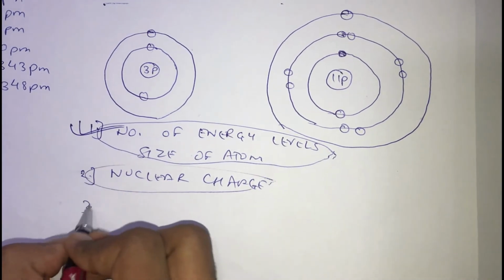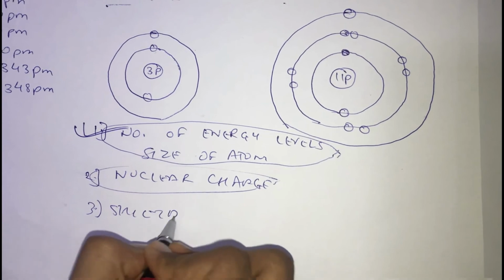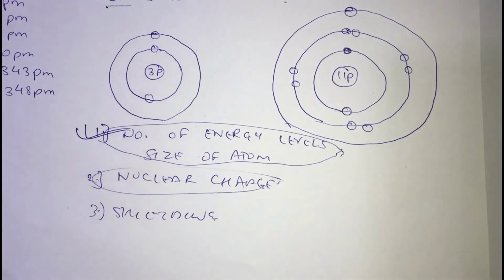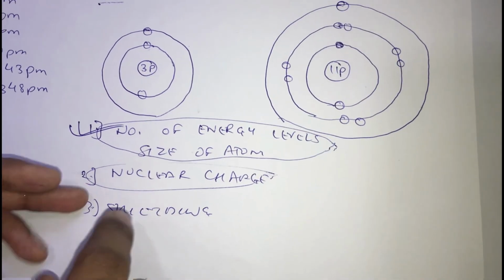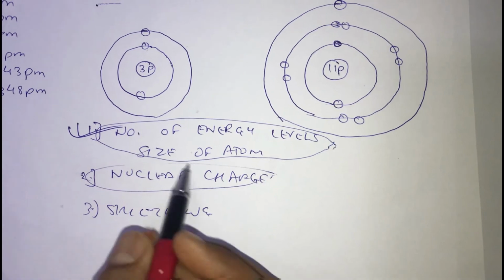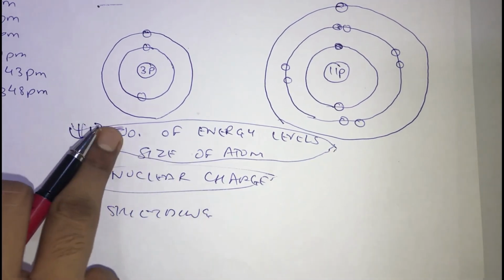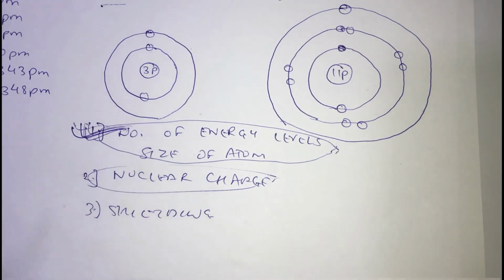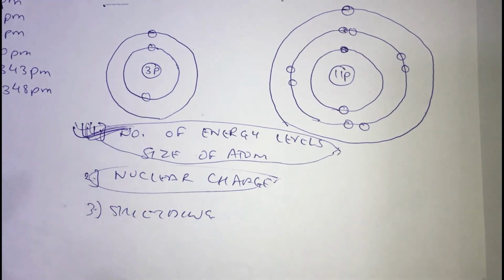Because this first factor is enough to distinguish between the atomic radius, and even if both of them are present, then they won't dominate the first factor. The first factor is the king of all three. If the first factor is distinguishable, then there is no doubt about the atomic radius. Then it has to be that the atomic radius of the greater number of energy levels will be greater.